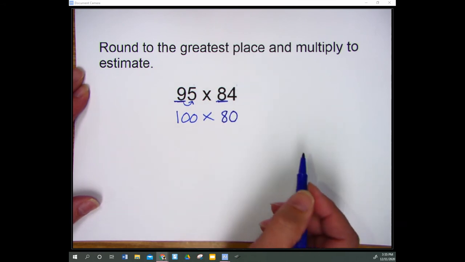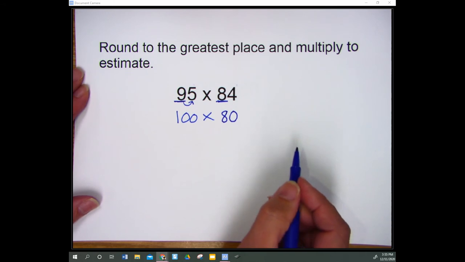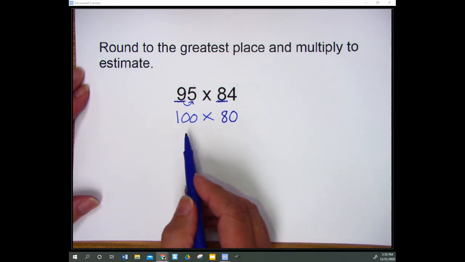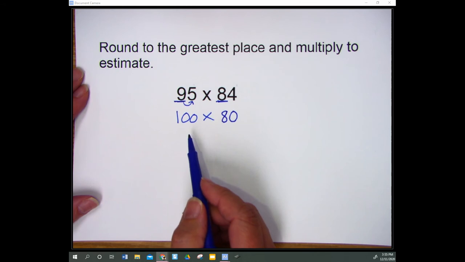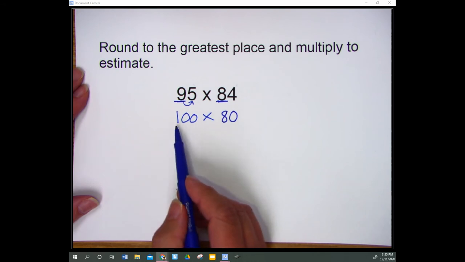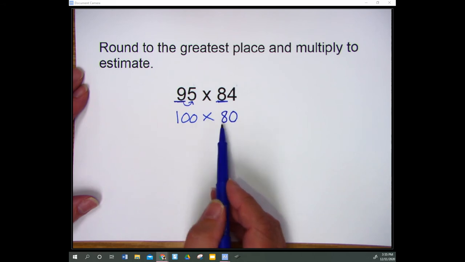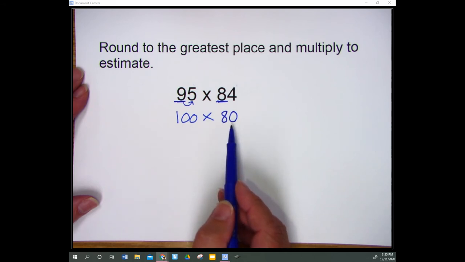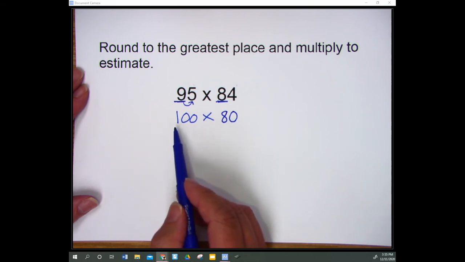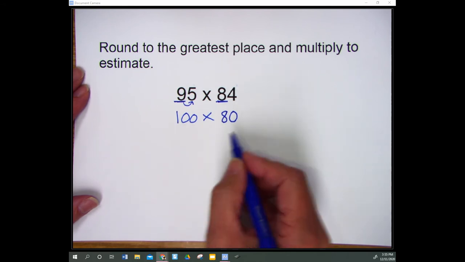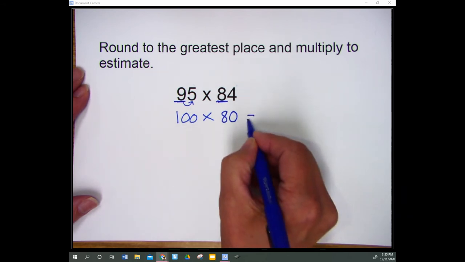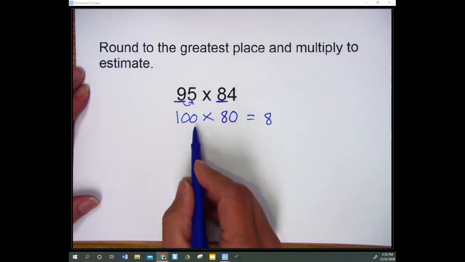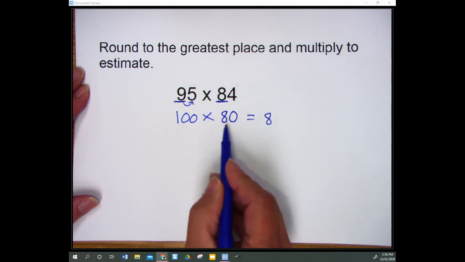Now I'm ready to do some multiplication here. If I were thinking associative property, 100 is a 1 times 100, and 80 is an 8 times 10. Here's my basic math fact. 1 times 8, that would be 8. 100 times a 10, that would be 1,000.